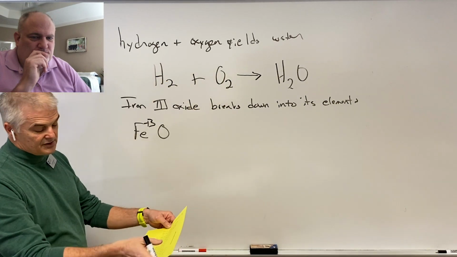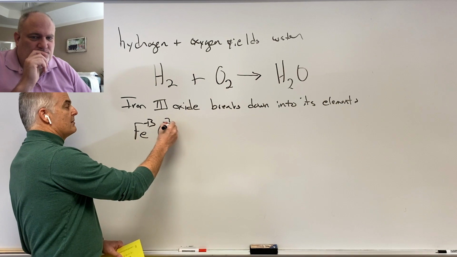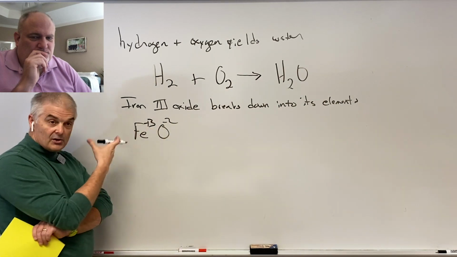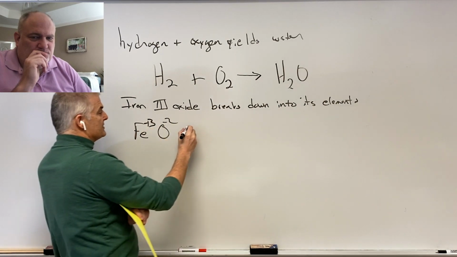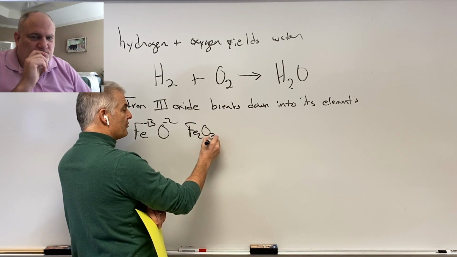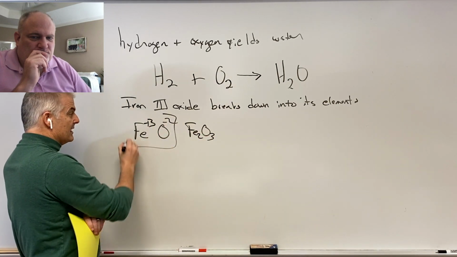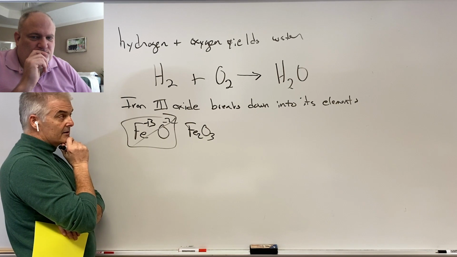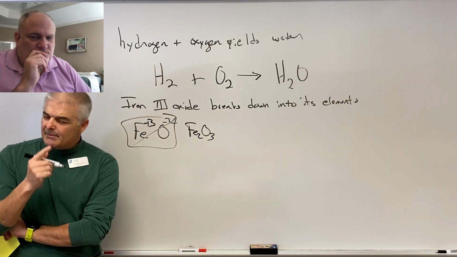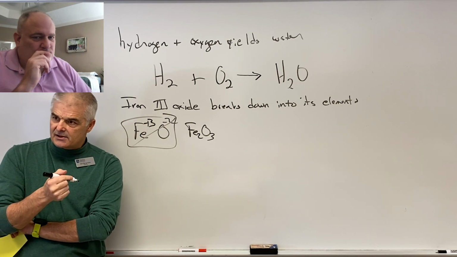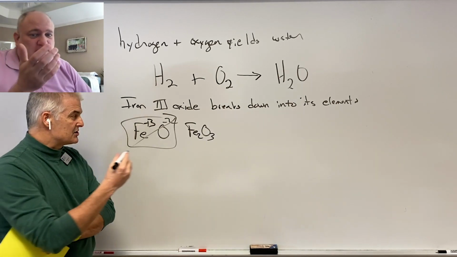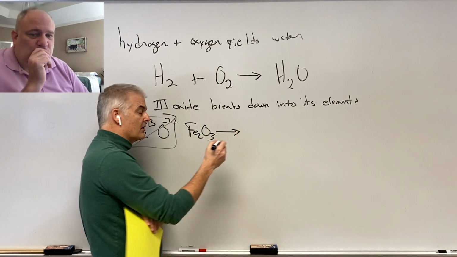I find it's in column 16, 2 over from the end. Its charge is minus 2. And we'll play the whole charge thing, all right? So we say Fe2O3. Now notice how I did that, right? If you don't know how to do this, refer to earlier videos. And it breaks down. Now, am I adding anything to the iron oxide? No, so it's going to be just a simple arrow.